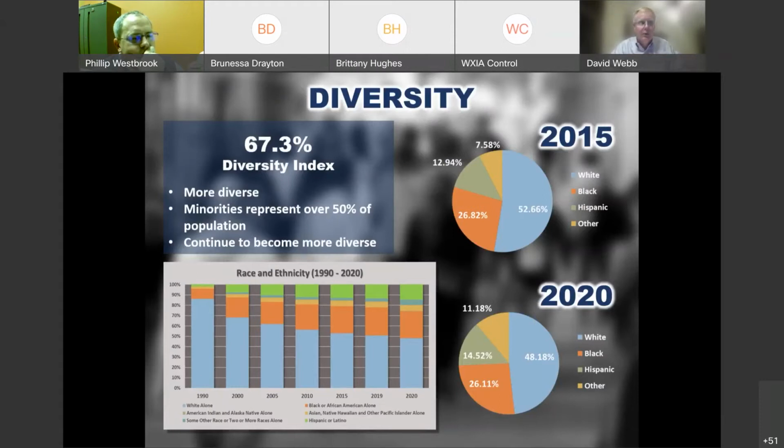This trend was probably predicted in 2010, and it's going to continue to increase in diversity. As Cobb continues to become more diverse, that presents different challenges as far as planning for housing, planning for schools, planning for different sectors of the community. Next.